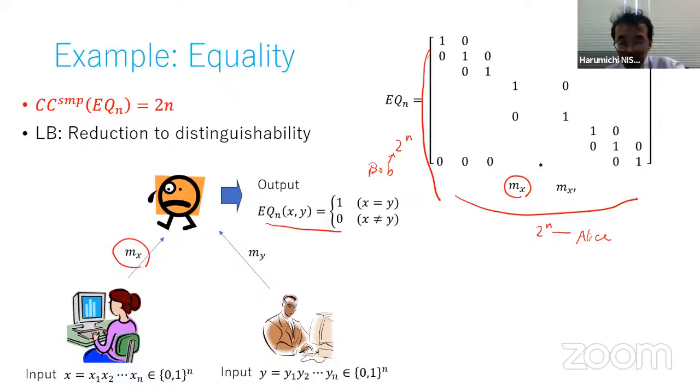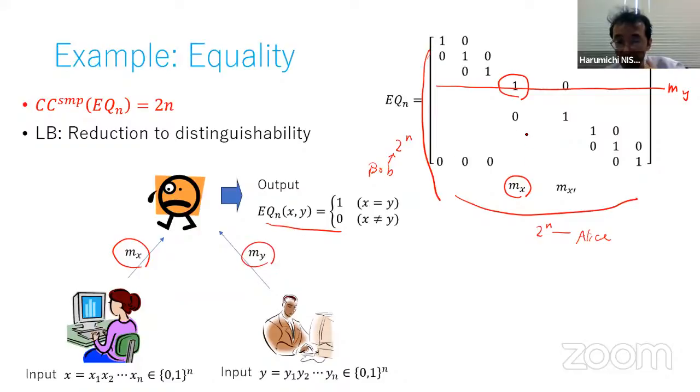If we fix this part m_y, then Bob sends m_y.